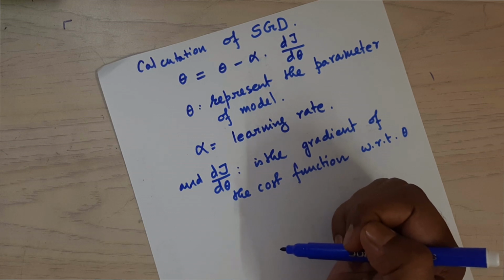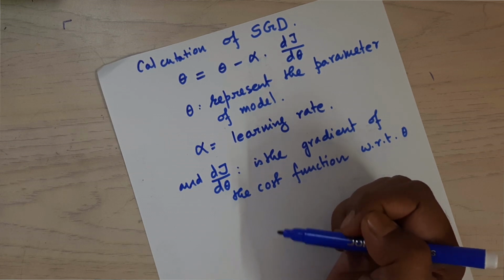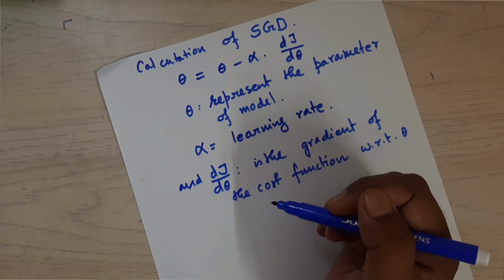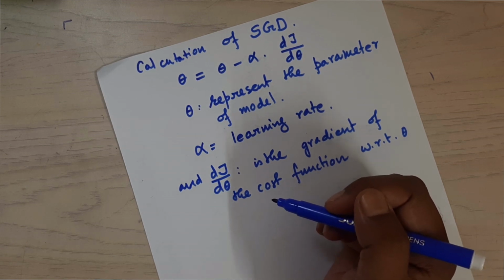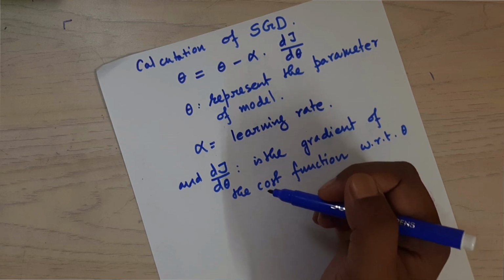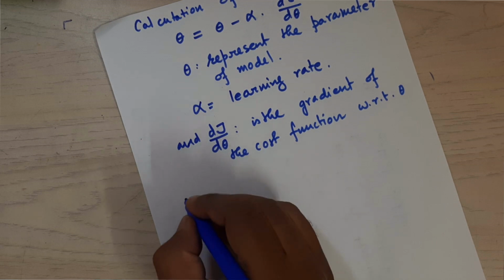Let's look at a practical example to see how this works. Let's analyze an example of stochastic gradient descent applied to a simple linear regression problem with one input feature.